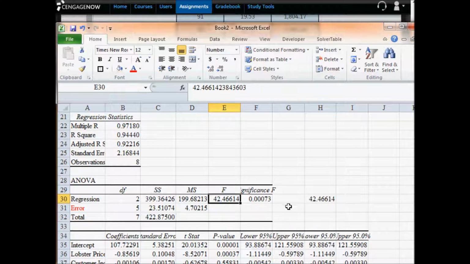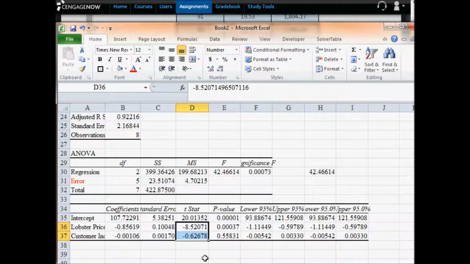Now, in multiple regression, this F-statistic is not equal to the square of a t-stat like it is in simple regression. Why? Because we have two t-stats. However, you can think of it as if I square both these numbers and average them, or maybe sum them.